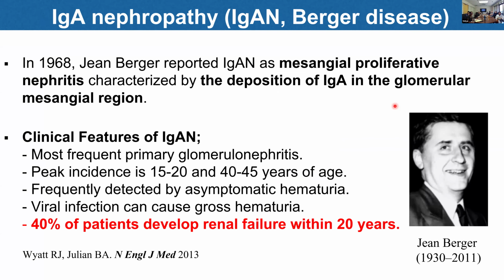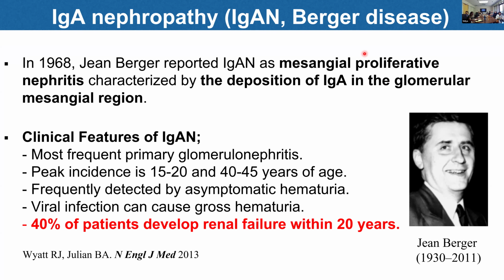So let me introduce an overview of IgA nephropathy. In 1968, Jean Berger, a pathologist in France, reported IgAN as a mesangial proliferative nephritis characterized by the deposition of IgA in the glomerular mesangial region.